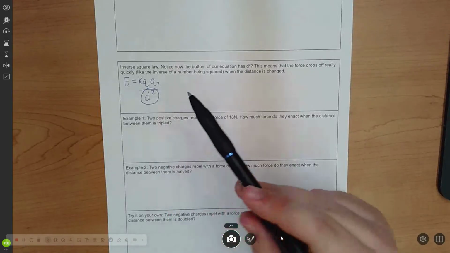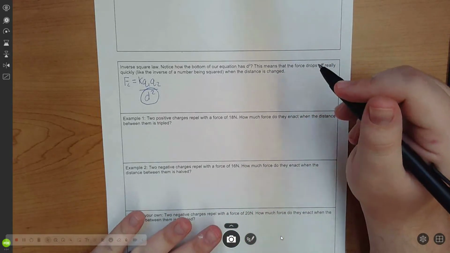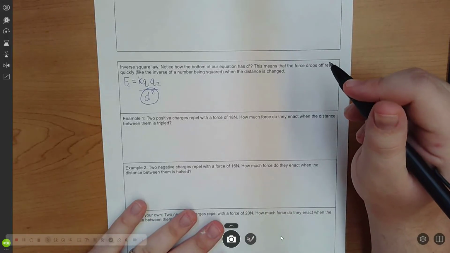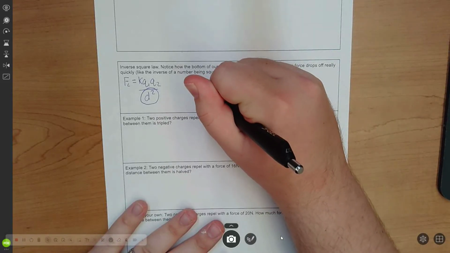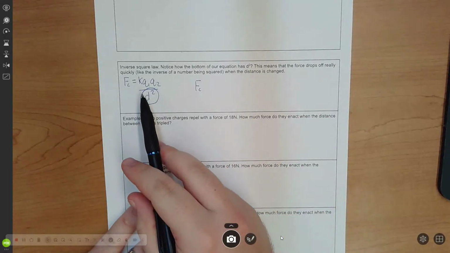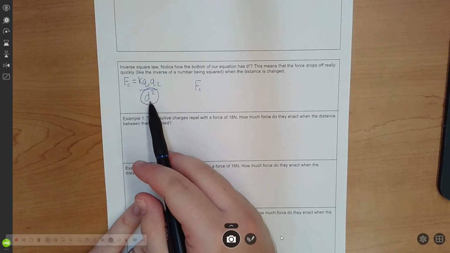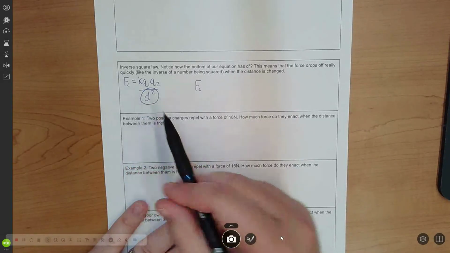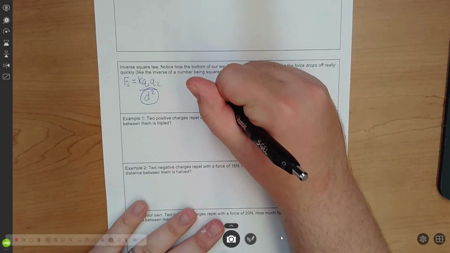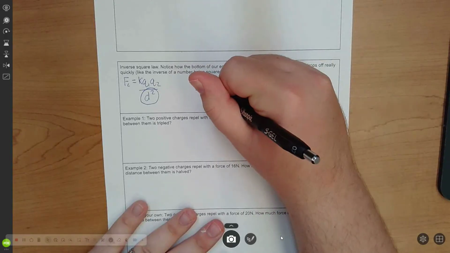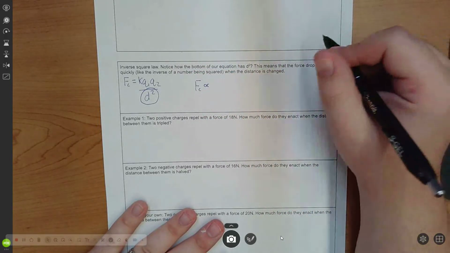So what we're going to do here is create a proportionality, something we haven't really done a ton in this class. So the force, instead of writing out the entire equation, we only really care about this distance squared. So instead of doing an equal sign, we're going to do this symbol, which just represents that it's proportional to.